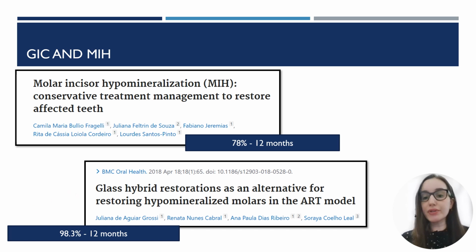Those results are very good considering the challenge of molar incisor hypomineralization adhesion.